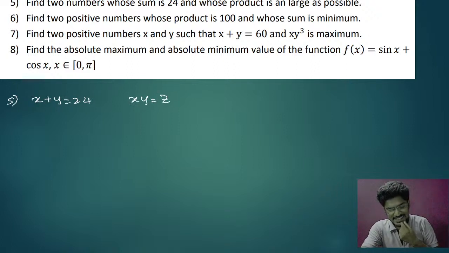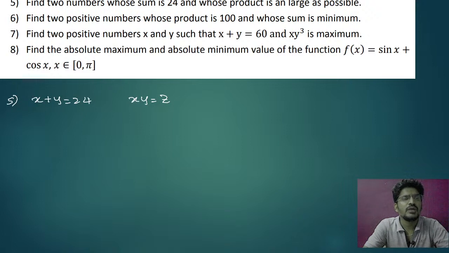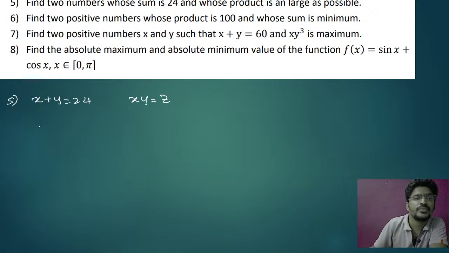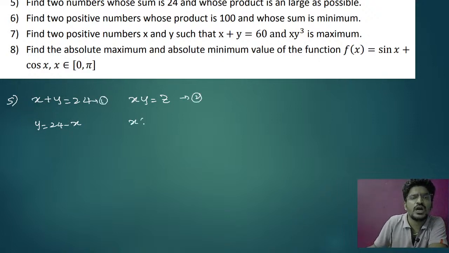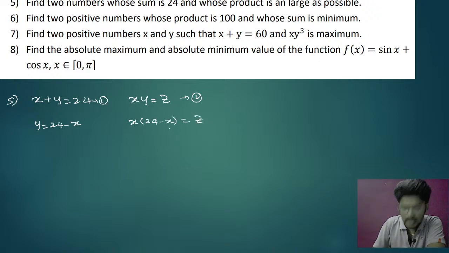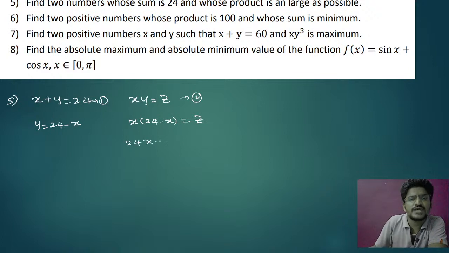Here, x plus y equal to 24, and the product is as large as possible, that means x into y equal to z. y will be equal to 24 minus x. Take this as equation 1, this as equation 2. In the place of y, I write 24 minus x equal to z. Clear? So this will be 24x minus x square equal to z.